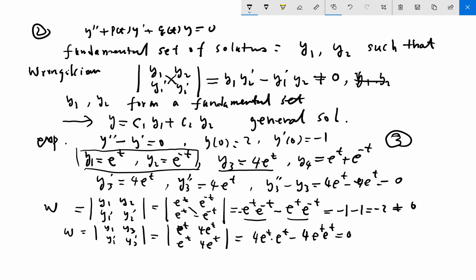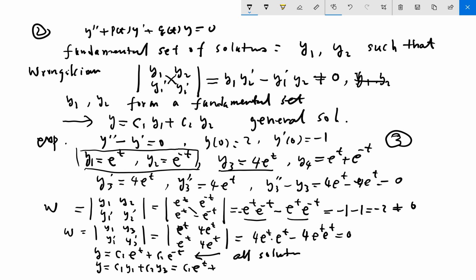The difference is, if they form a fundamental set, like y1, y2, then the linear combination will give you all the solutions. On the other hand, this one will not. If you put C1 y1 plus C2 y3, your C1 is like e to the t, right?